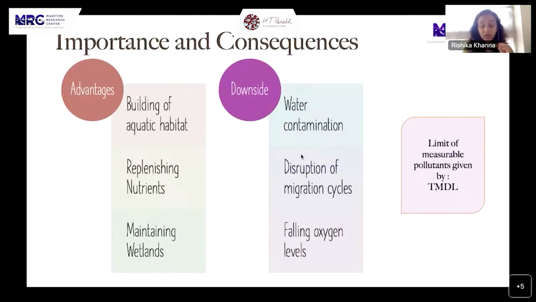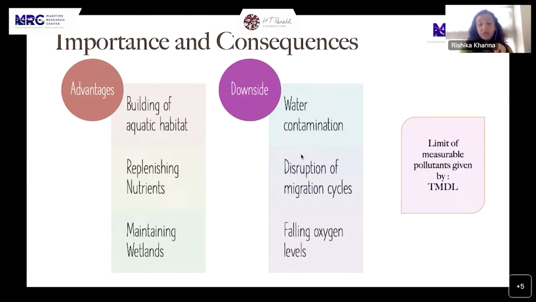However, a perfect balance of the sediment transport and deposition cycle is essential, because even a slight diversion from the equilibrium rate can cause ecosystem and safety issues. For example, too much sediment is responsible for water contamination, excessive algal blooms, and blockage of waterways, or altering their direction. A large amount of deposited sediments can disrupt the aquatic migration cycles and harm the organs and gills of aquatic animals.